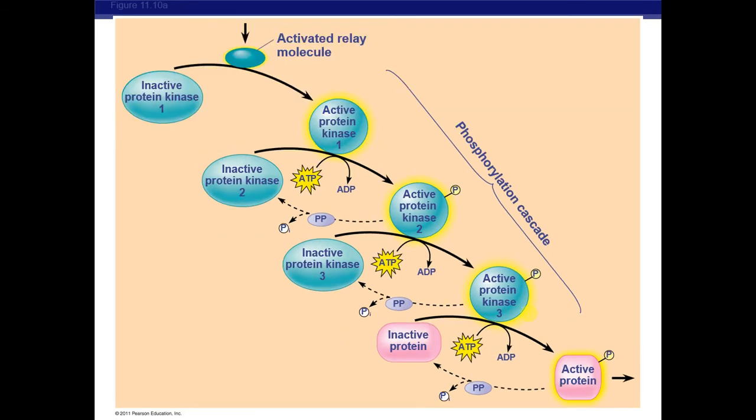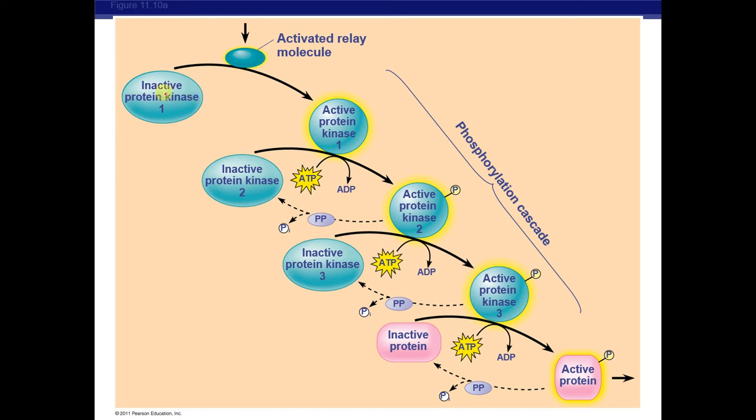So here it is. And basically what happens is that first activated relay molecule, it's usually a protein or an enzyme. What it will do is activate another protein or enzyme. And then that one will activate another and another and another on down the line.